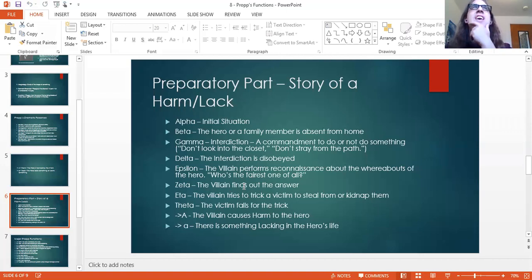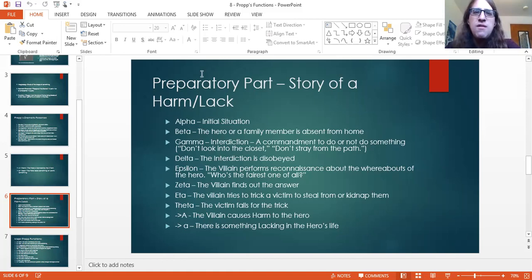More frequently, it's the hero who does the disobedience of the commandment. But Propp calls this an interdiction, so he uses two letters for this. Gamma is the interdiction, the commandment not to do something, and delta is the disobedience of the interdiction. I don't think we have a clear example of that with Shrek, but that's fine.